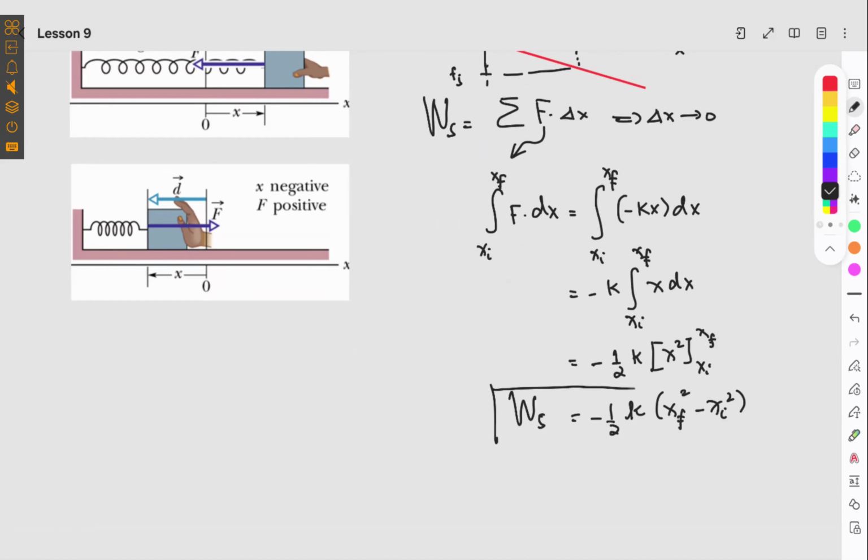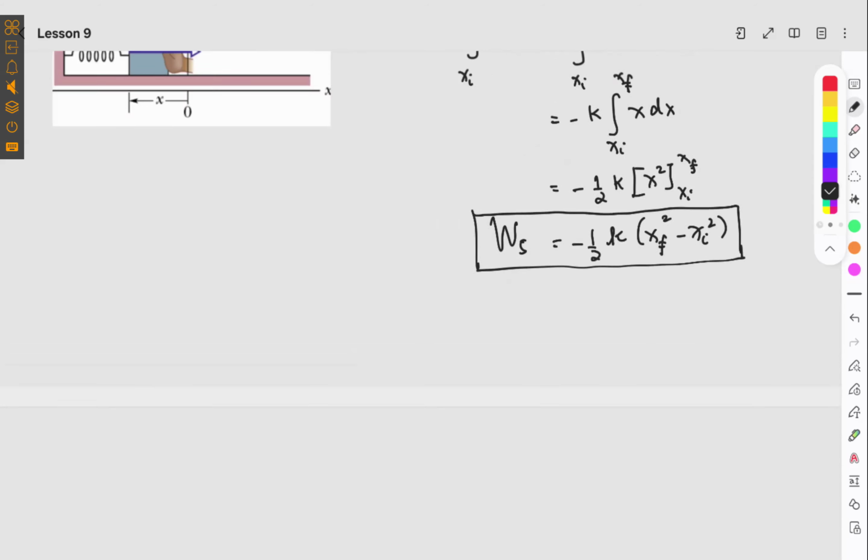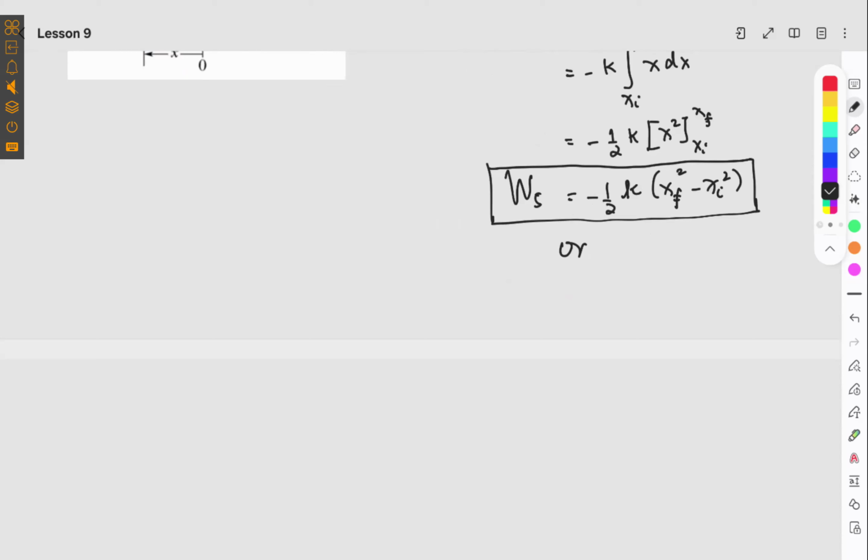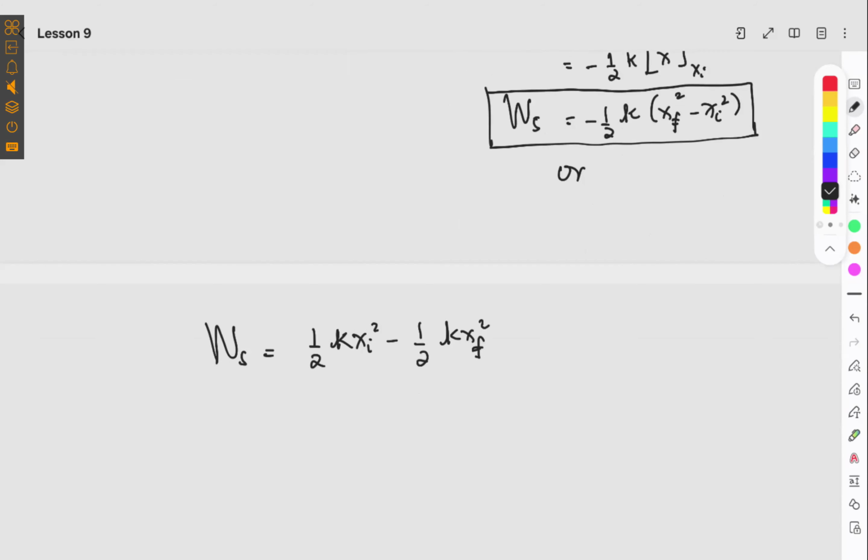This is your work of the spring between final and initial. But we can also write the work of the spring as 1/2 k xi squared minus 1/2 k xf squared.